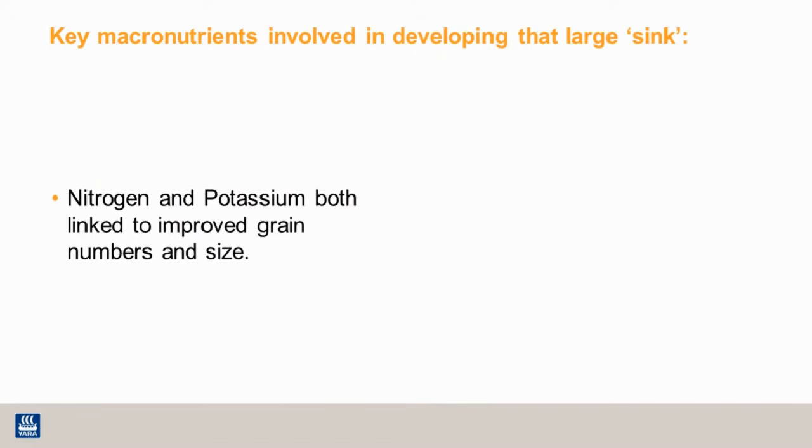What we also see is some of those key nutrients that help develop the large sink that we want to develop, that sink being the grain sites that we want to end up as grains, and then the grain fill period that happens.